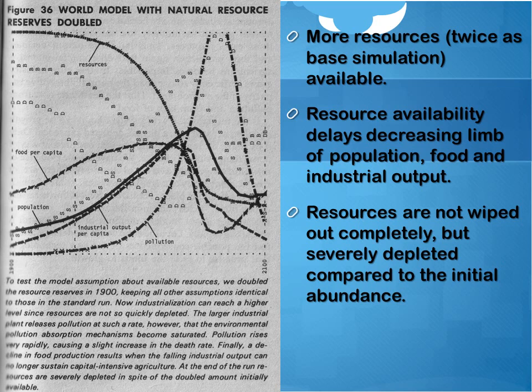You can see that at the end, the resource pool picks up, but it is severely depleted compared to its initial abundance. So this scenario, twice as many resources, indicates that you're still headed for an unsustainable outcome, but it just happens later. So that's the 5-second version of it.